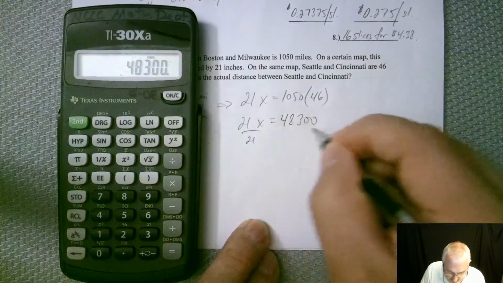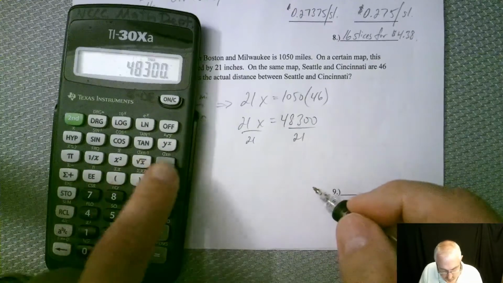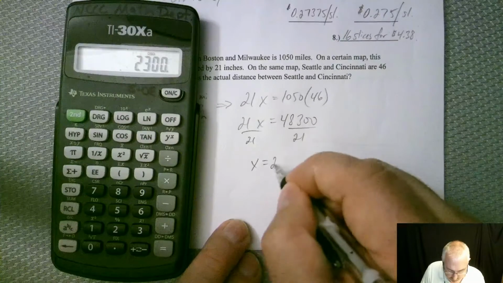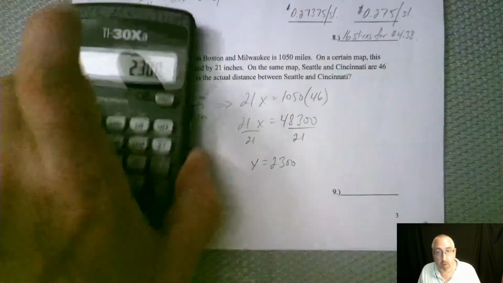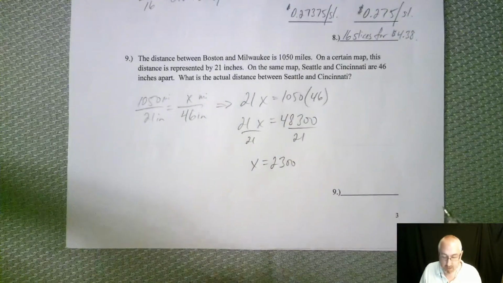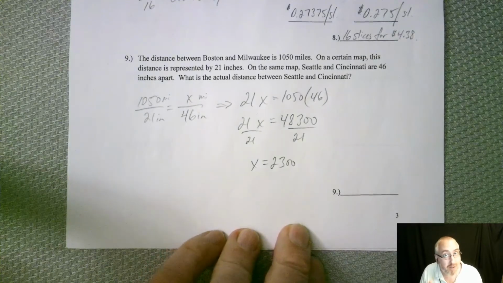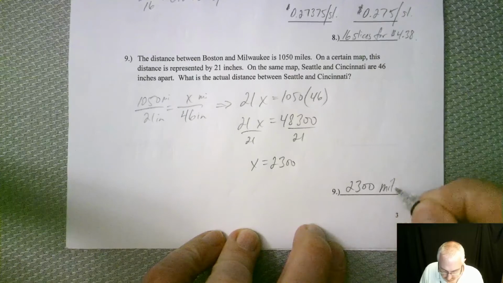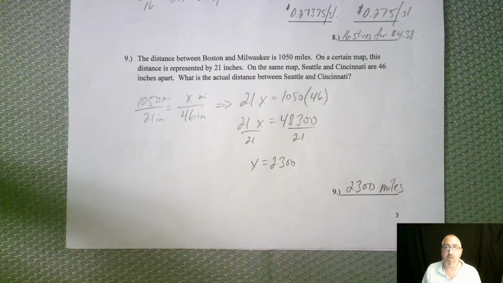And now if we divide that by 21, we get 2,300. So 2,300, and what are the units? Don't forget the units. 2,300 miles. So that should be that actual distance.